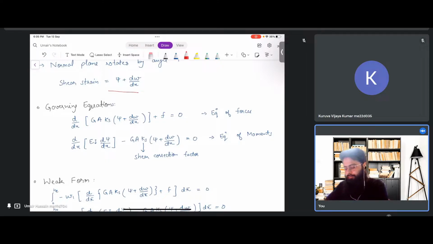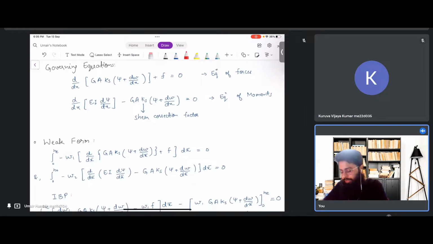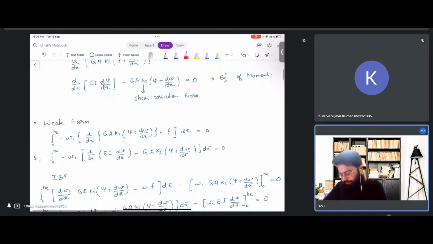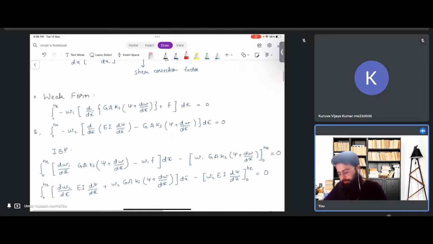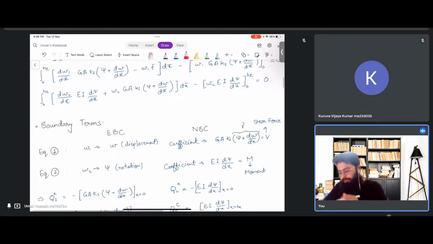In this week, we studied how to deal with these coupled differential equations, and we can get the weak form just like the usual way. With respect to the boundary conditions, our first variable is w, which is the displacement.